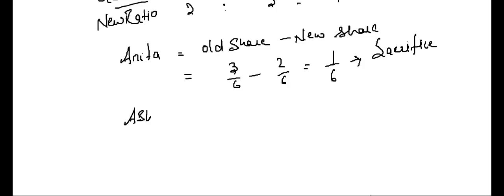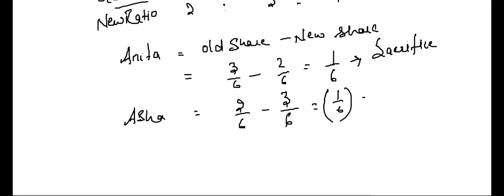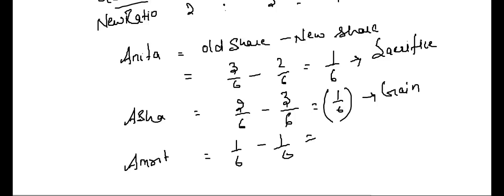Let's see for Asha. Old share was 2/6 and new share is 3/6. Now she is getting more. Earlier she was getting 2 rupees, now she is getting 3 rupees, so there is a gain of 1 rupee. And let's see for Amrit. Earlier the share was 1/6, now the share is 1/6. No sacrifice, no gain.